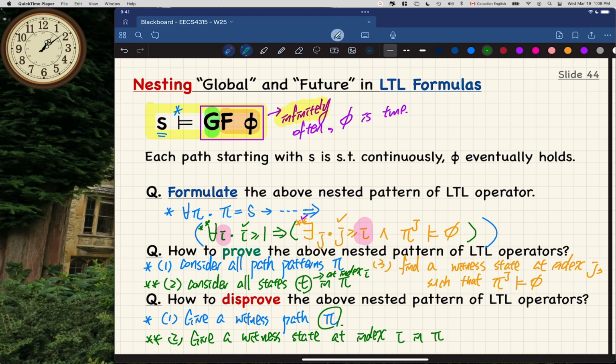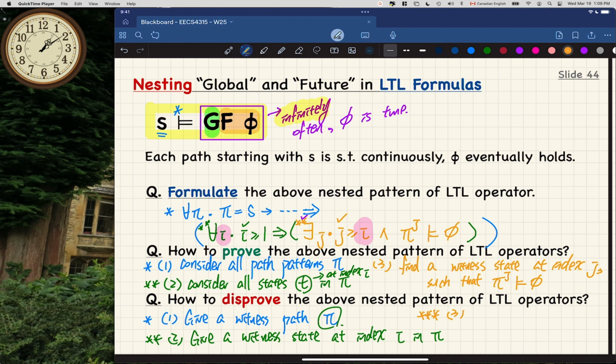And finally, how do we disprove existential? You want to show that relative to I, all the subsequent states are not going to satisfy phi. Number 3 could be something a little bit trickier, so you definitely want to make sure you also review the basic disproof strategy for existential quantification. That'll be the last one.